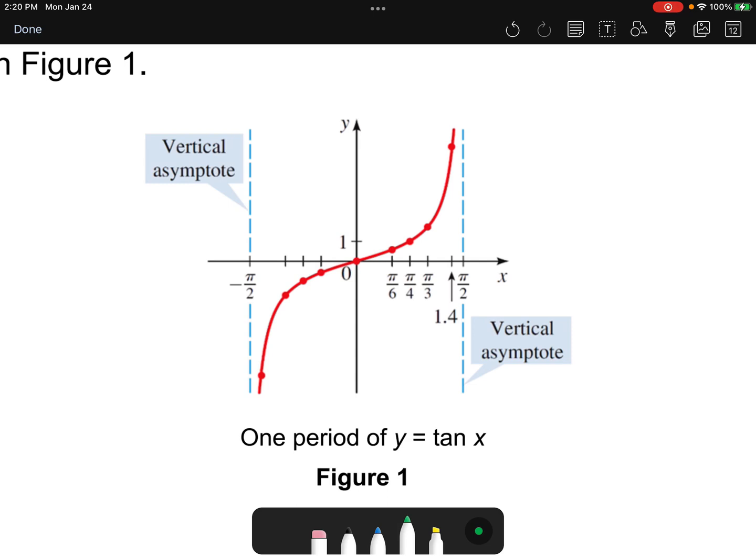So if you would, please, turn on your calculator, go to mode, make sure you're in radians, because radians make the best graph, and type in tangent x.